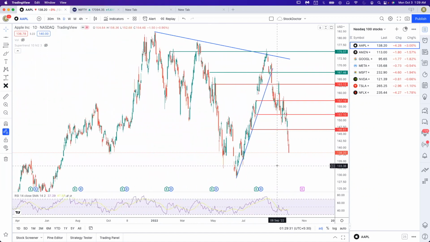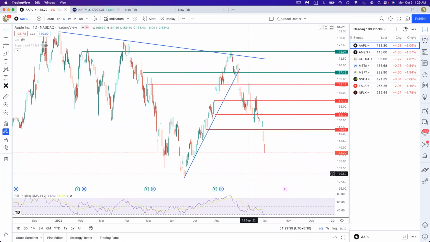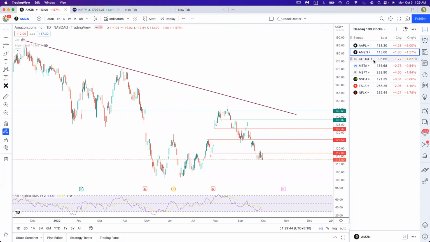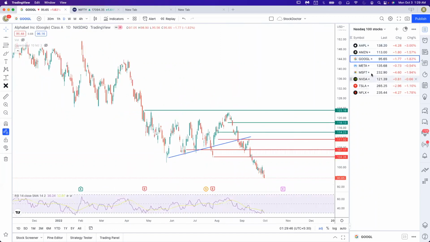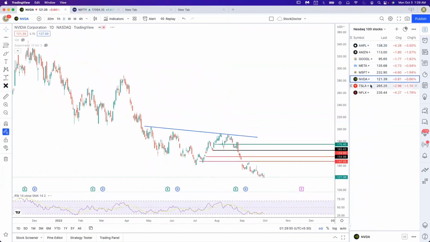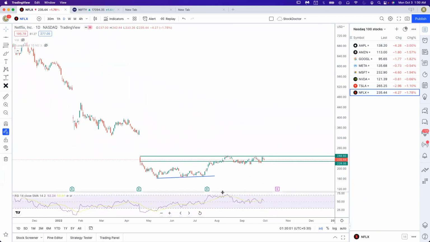You can see the same thing is happening, the stocks are also going down. Apple has made two red candles, one by one. Amazon is trading at 113, Google at 95, Meta 135, Microsoft 232, Nvidia 121, Tesla at 265. Tesla has two more levels to go, 259 and 241, and Netflix.